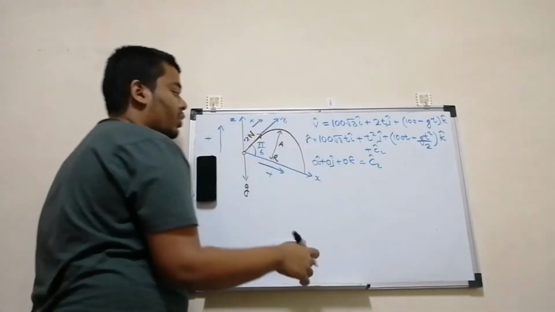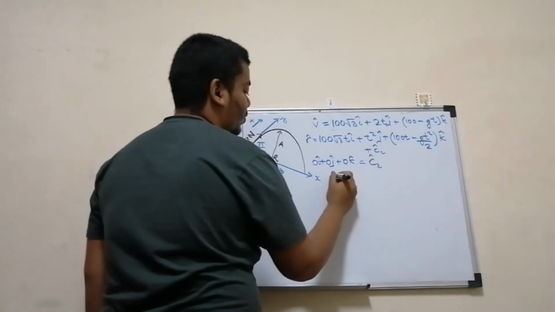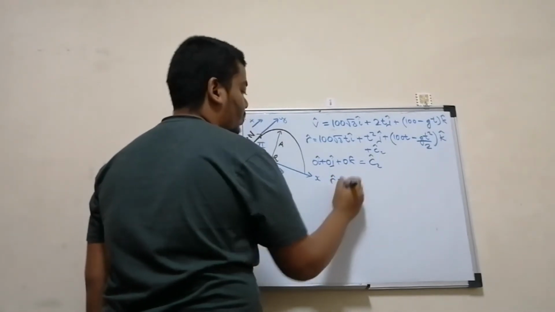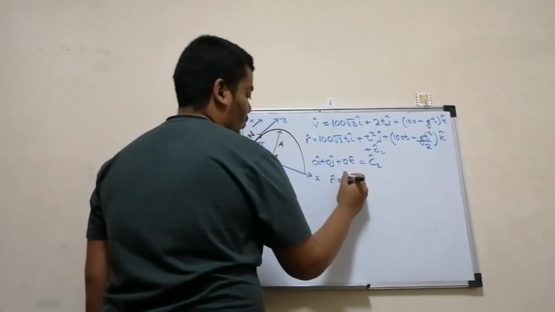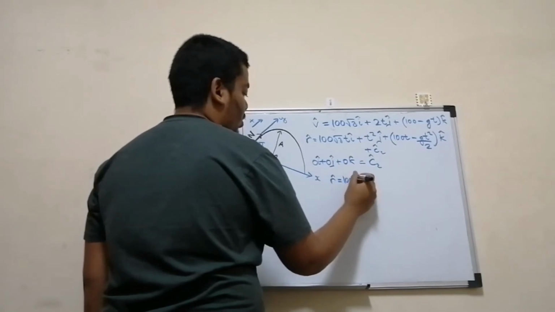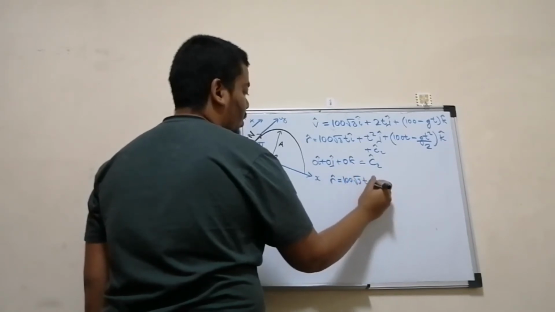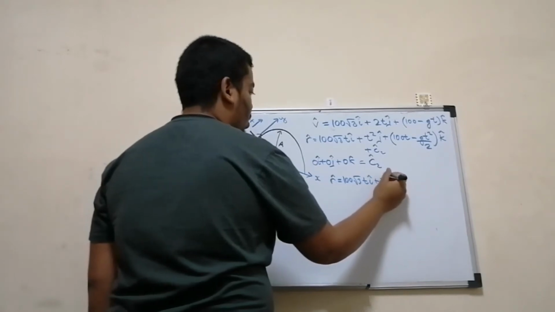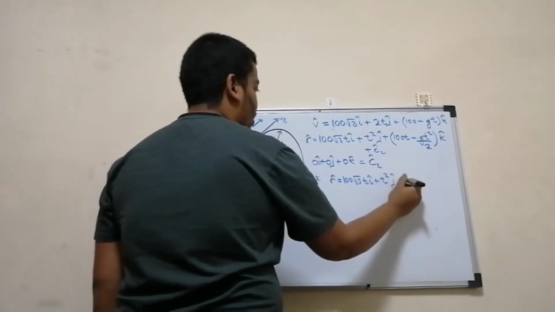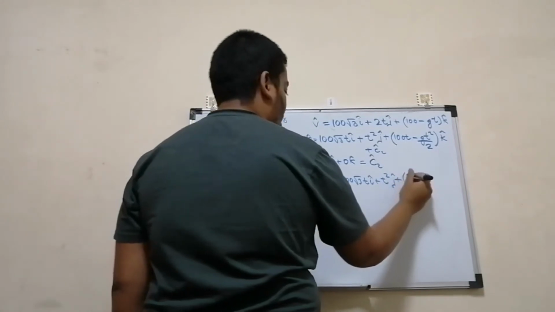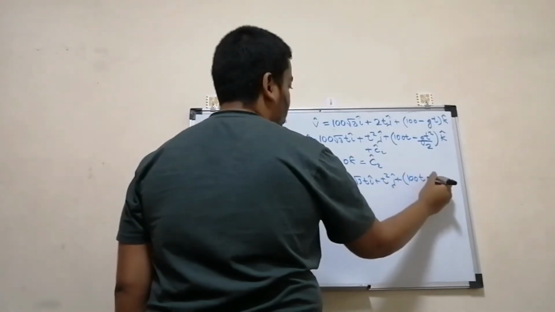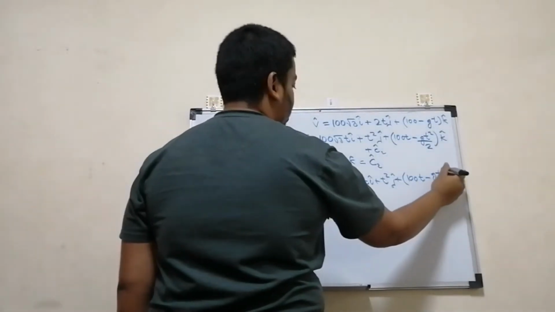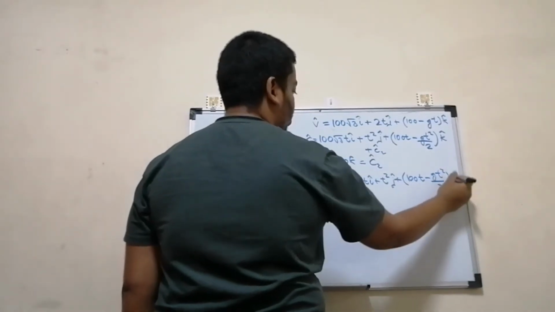So the position vector is given by r is equal to 100 square root 3ti plus t square j plus 100 t minus gt square upon 2 k.